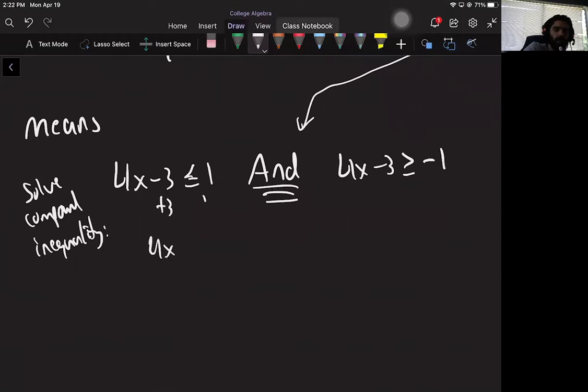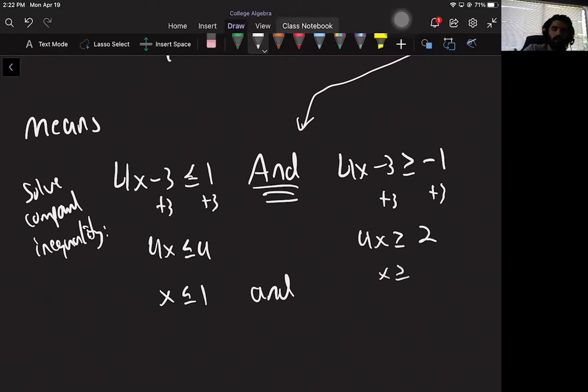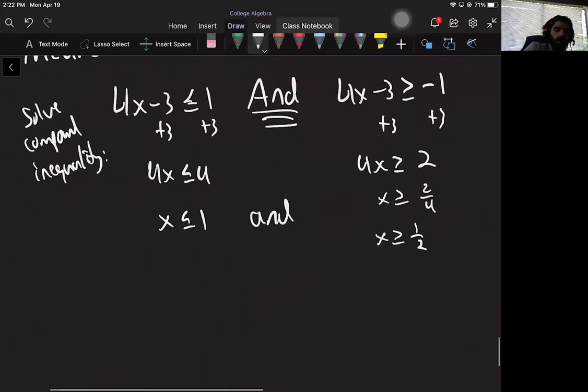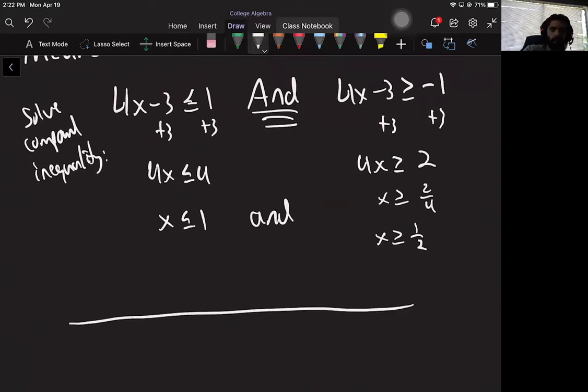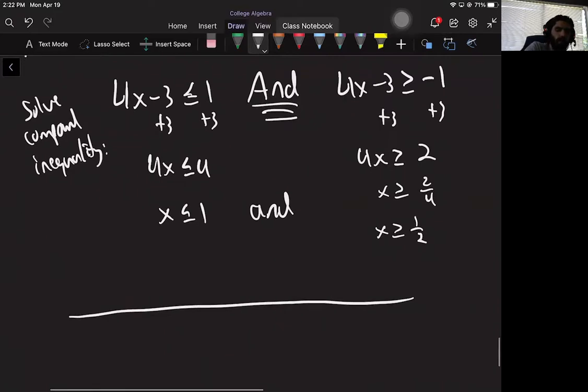So I'm just going to add 3, divide by 4, and then do the other one, add 3, divide by 4. It's 1/2. So graphically, you want to graph ones first when you do ands, because then it's easier to do the interval notation.